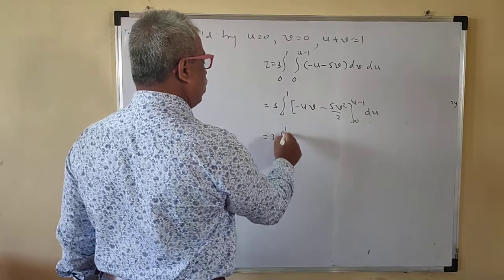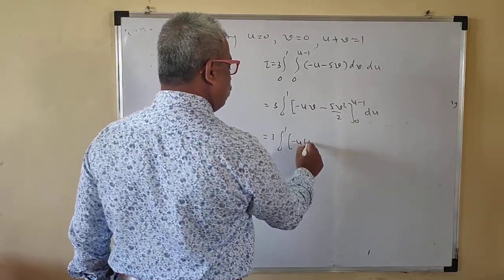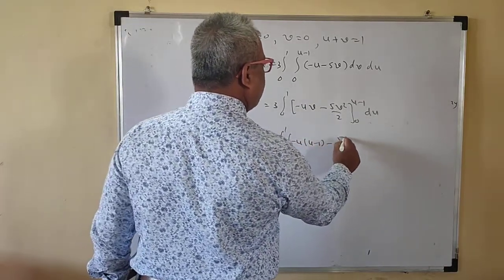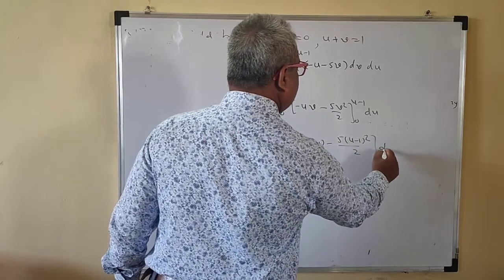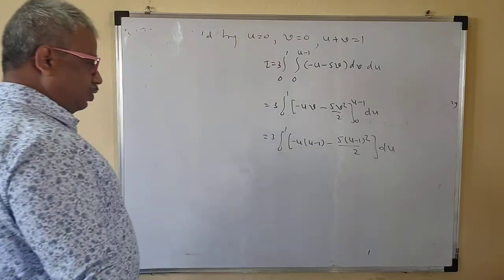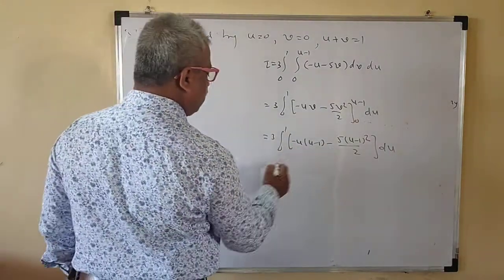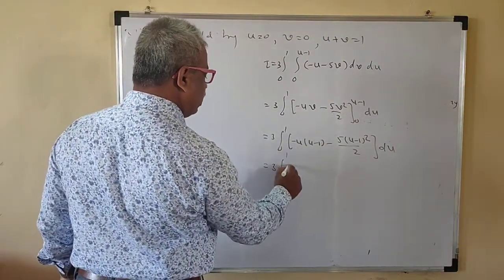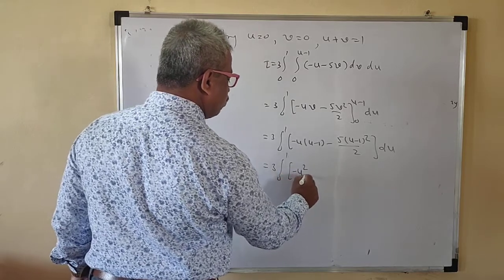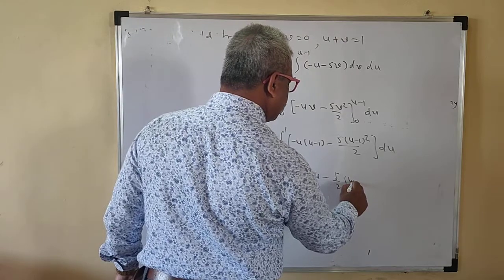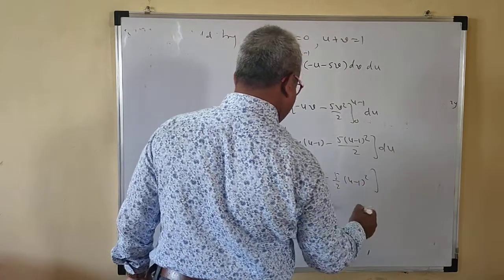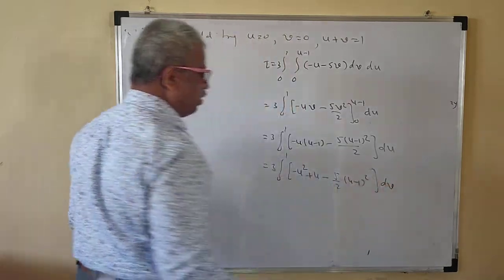So this is 0 to 1, minus u, u minus 1, minus 5 times u minus 1 square upon 2, du. Okay. So only we will multiply this here, so that we can integrate easily. Minus u square plus u minus, I will keep this 5 by 2, u minus 1 square as it is. Okay, du, because this is integrable.